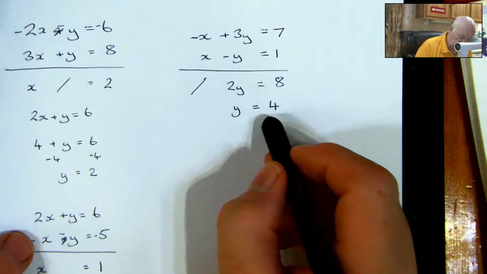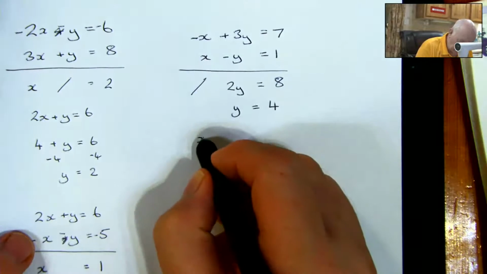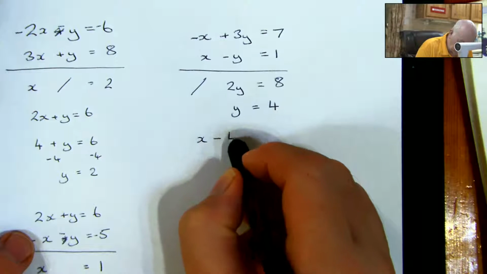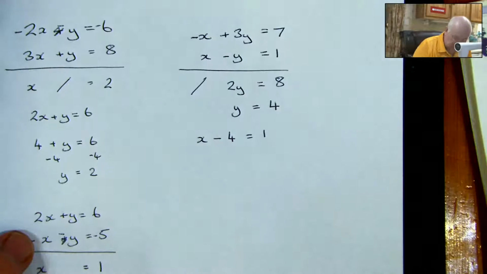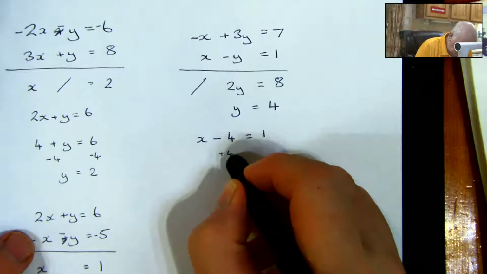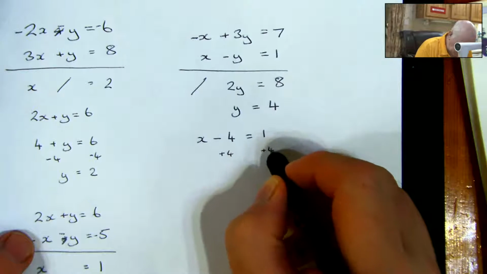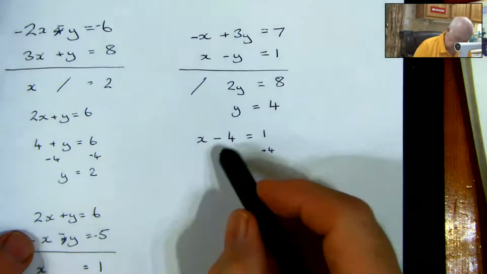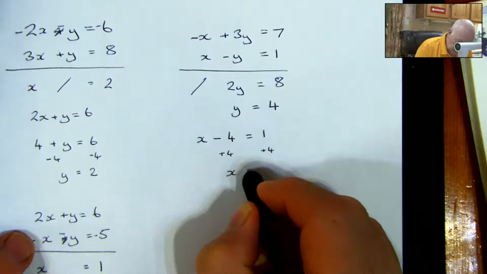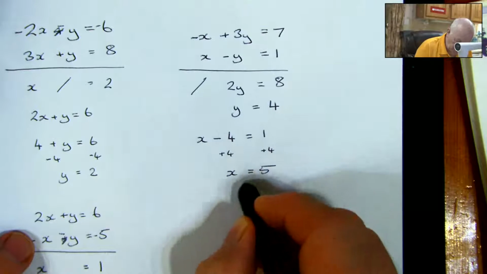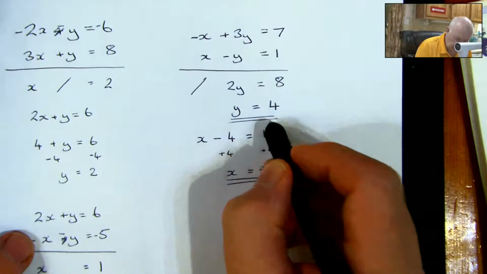Substitute in, I've got x minus 4 equals 1. To get rid of this, I'm going to need to add 4 to both sides. So we've got x equals 5 here as our answer.